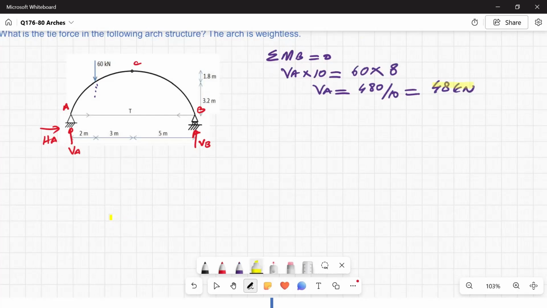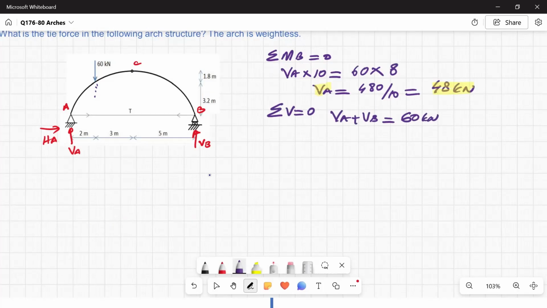And once we've got this reaction, we can find out reaction at the other side. So what will be reaction at the other side? So I will say summation of vertical forces is equal to 0, which means that VA plus VB is equal to total load, which is 60 kilonewton.